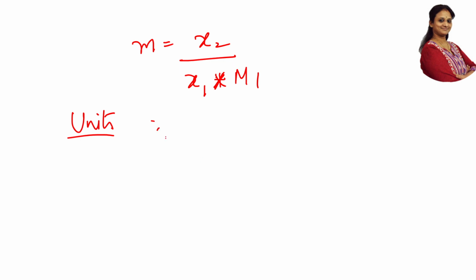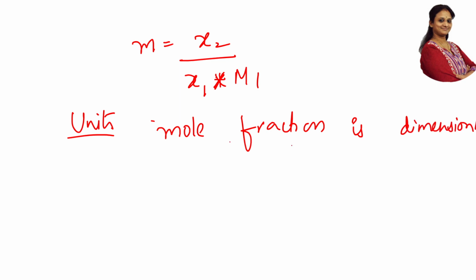Mole fraction is a ratio, so it is dimensionless. It doesn't have any unit. So leave it. What is left out? M1. How do you represent it? That is mass of the solvent, right? So it is kg by mole. Now write the unit.